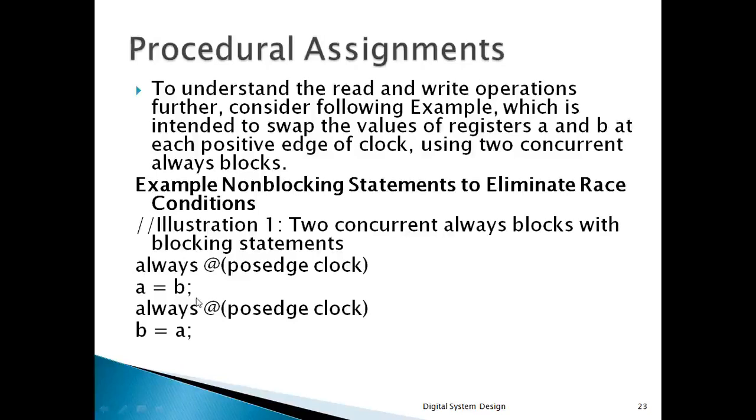So although these are always blocks, in blocking assignments it is not deterministic which will be executed first. Execution will be completed first for this or this, but due to always block both will be started at time 0.